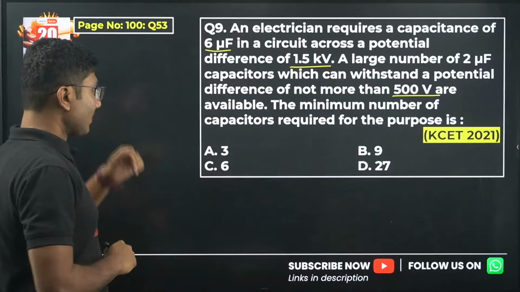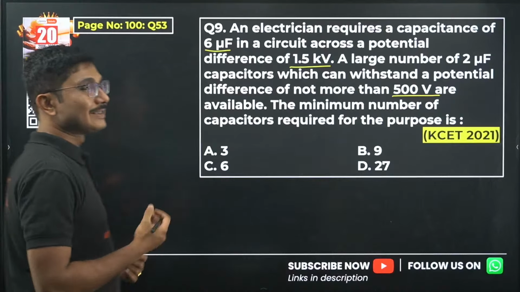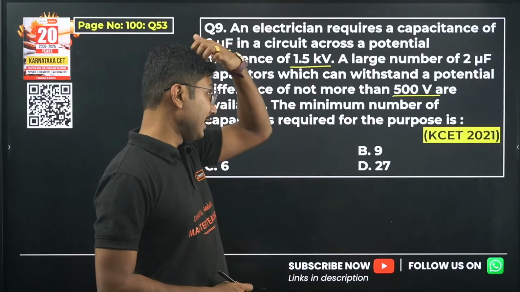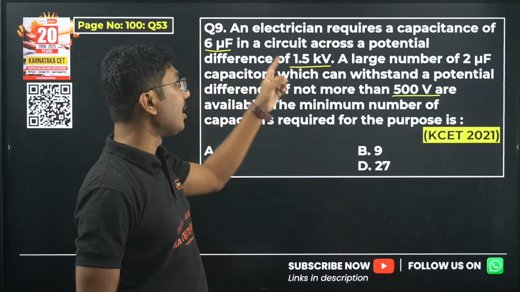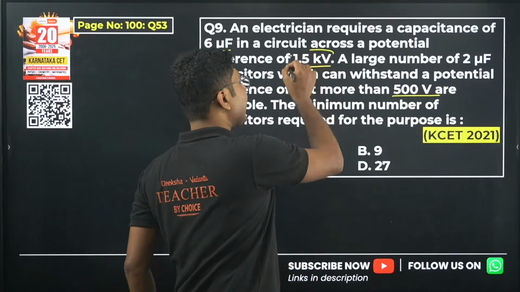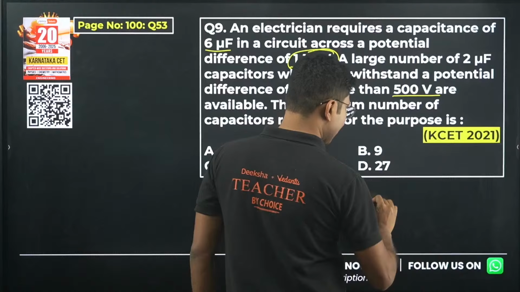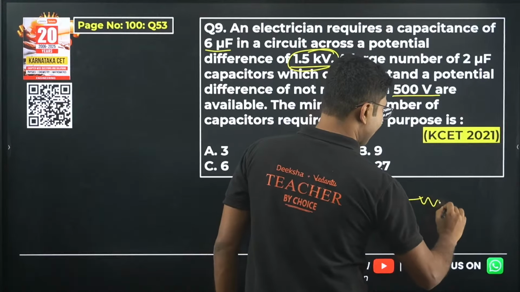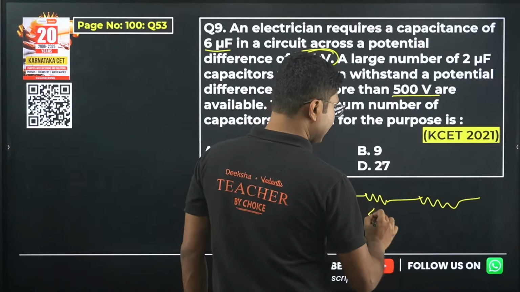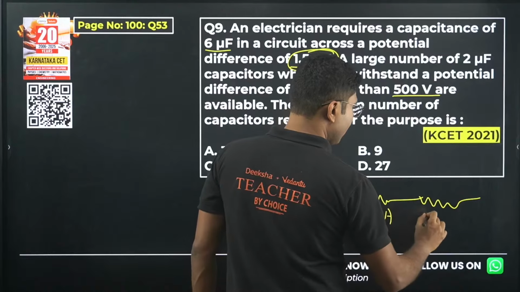So let's see. The first step to solve this question is to figure out how you can get this voltage rating. Voltage rating is easier to understand using resistors. Suppose each resistor can withstand V volts.